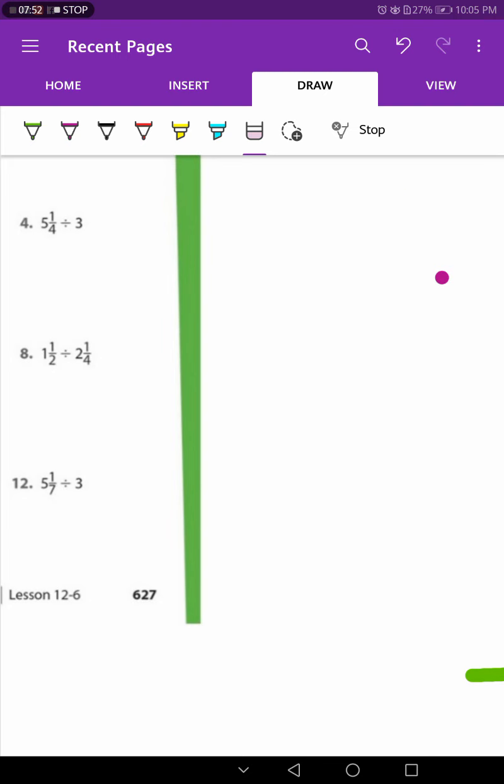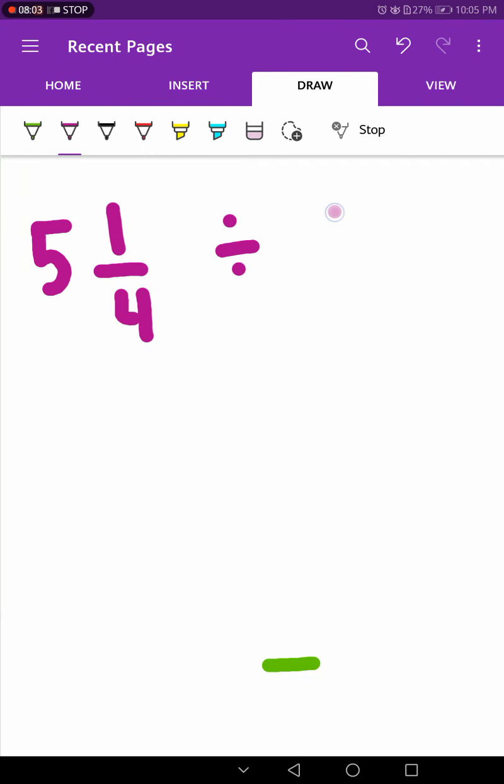Okay, it is 5 and 1 over 4 divided by 3. What is the first step? The first step, convert the mixed number. If you have any mixed number, write it as an improper fraction.